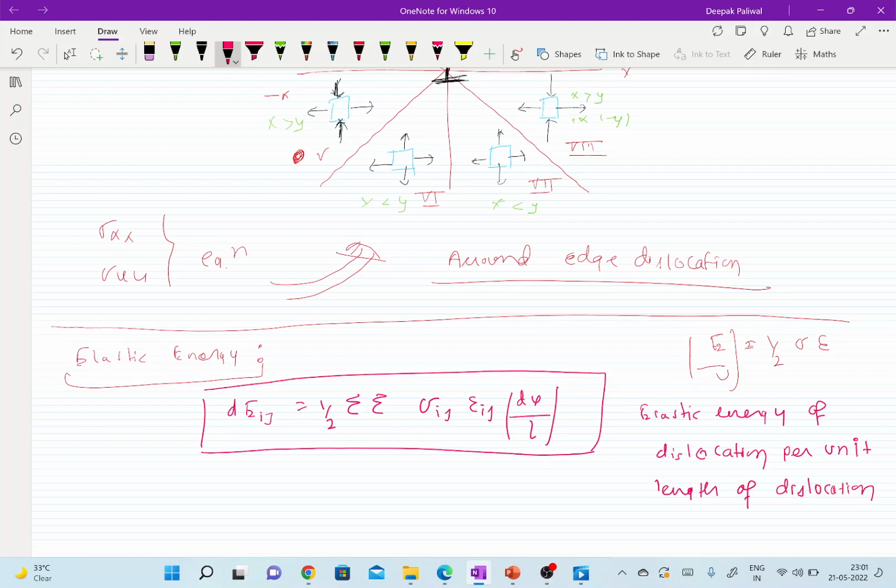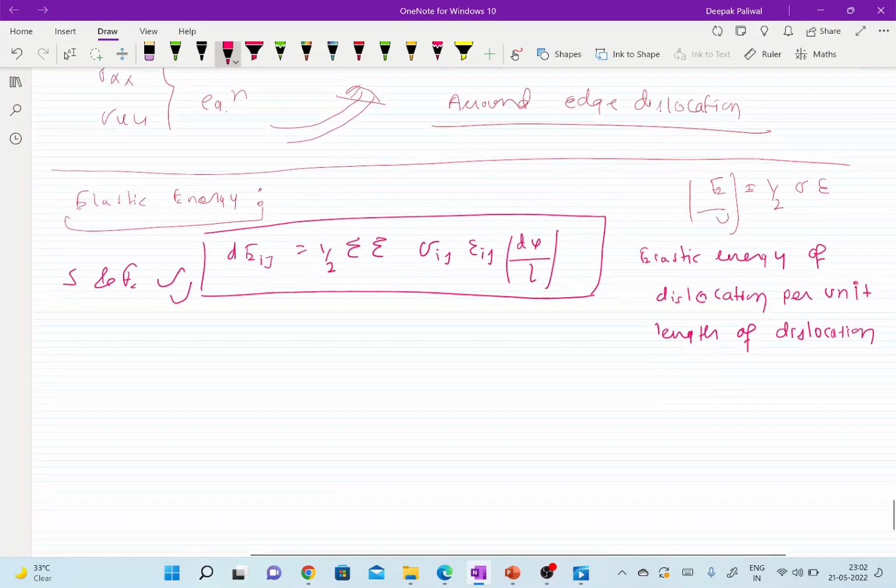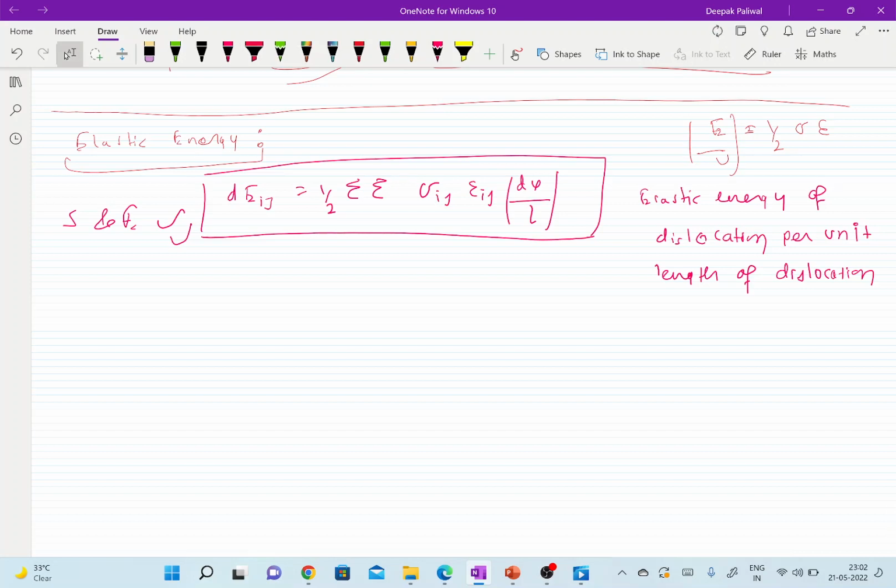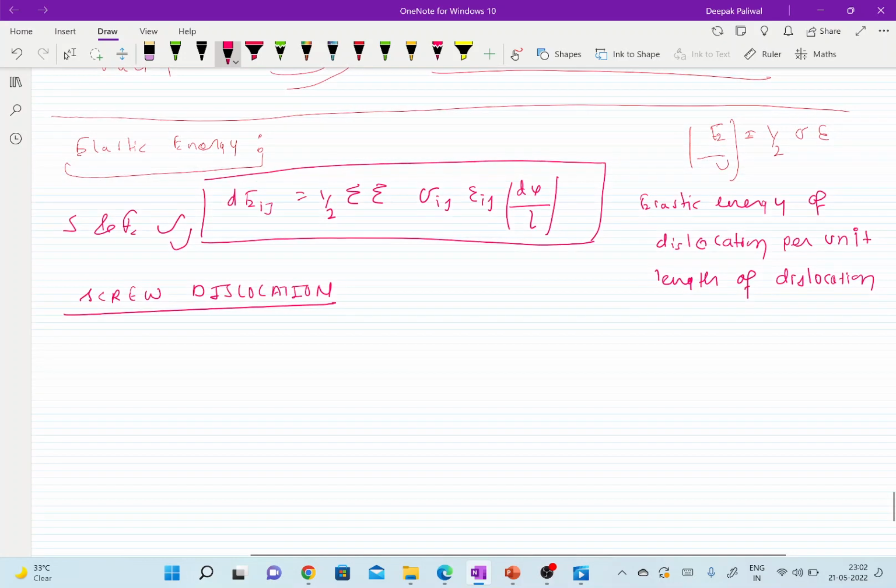This is the general equation for both screw and edge. Now we will talk particularly about screw dislocation.